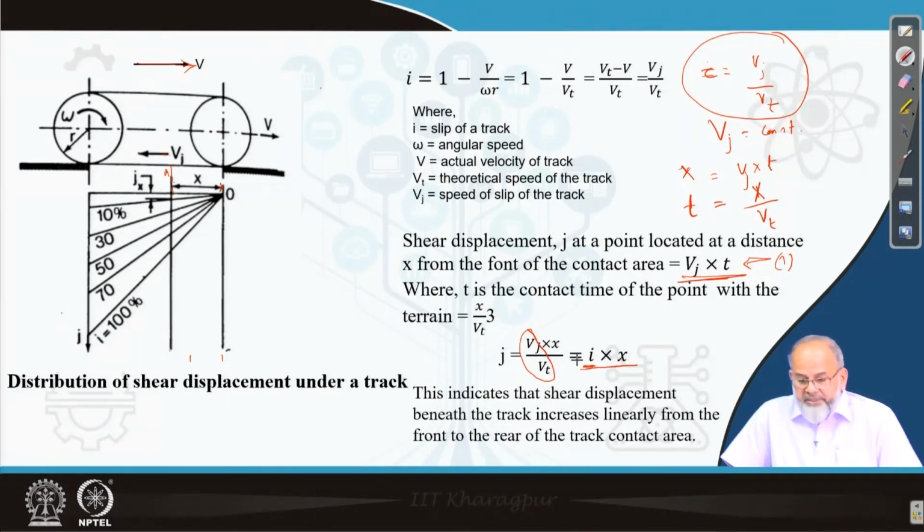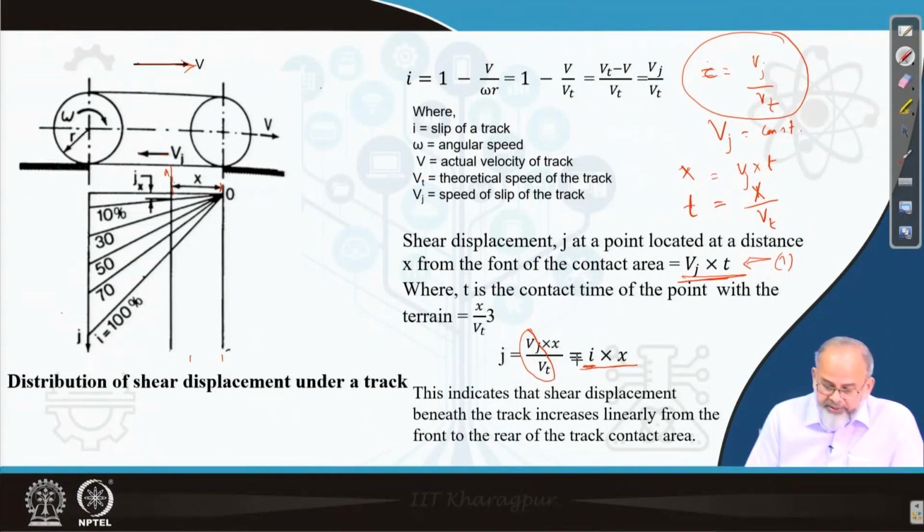which indicates that shear displacement is a function of slip. Shear displacement is a function of distance, or the point under consideration. What is the distance of this point from the front end? So if you look at this equation again, then what you can observe is that the shear displacement is linearly varying with i.